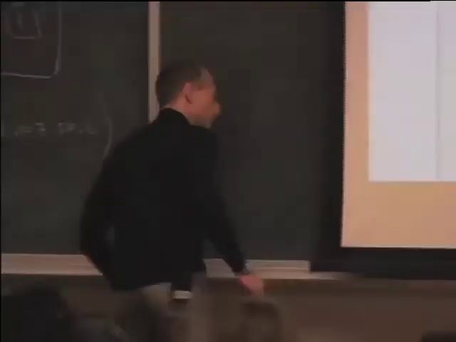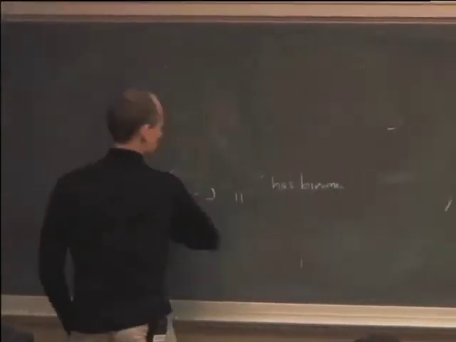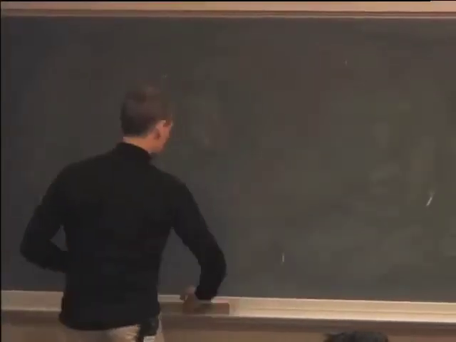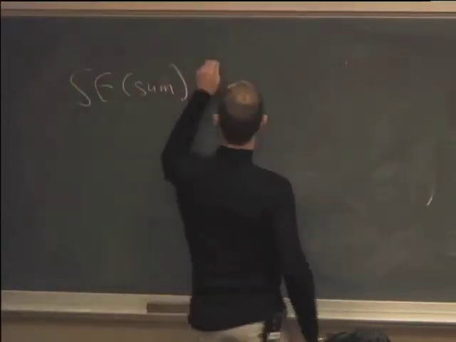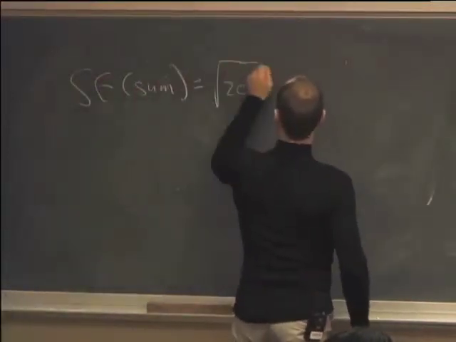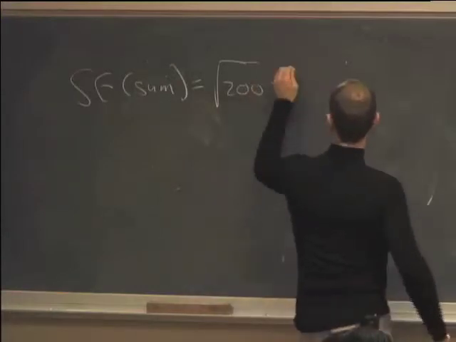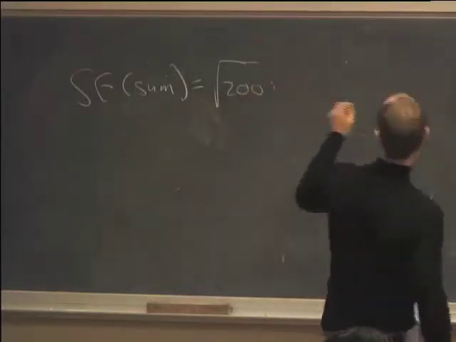Okay, somebody want to do that? All right, so the SE of the sum is going to be equal to the square root of 200 times 7 over the square root of 3.